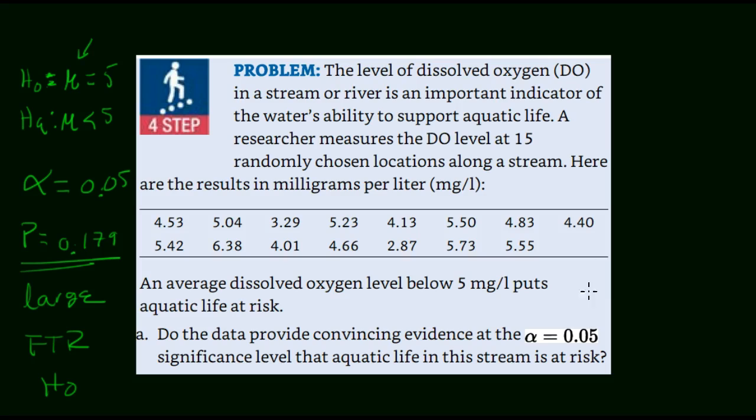Even though we've got some pretty low samples in here, it's possible that the mean value is actually 5 for the stream itself. So this means that we do not have convincing evidence at the 0.05 significance level, because p is bigger than 0.05, that the aquatic life in the stream is at risk. So there you have it, a pretty simple test.